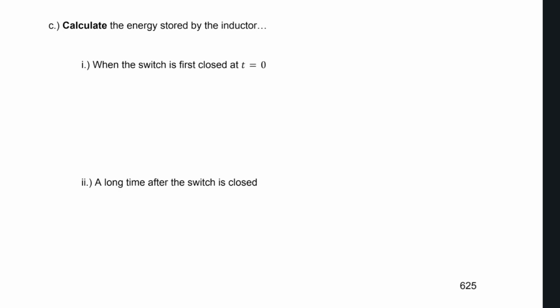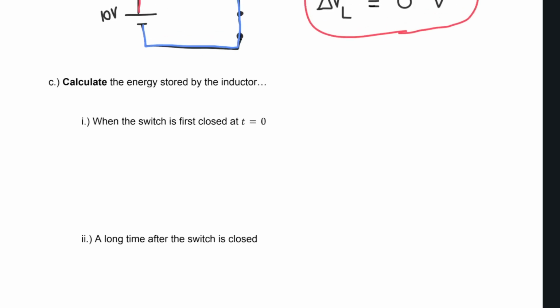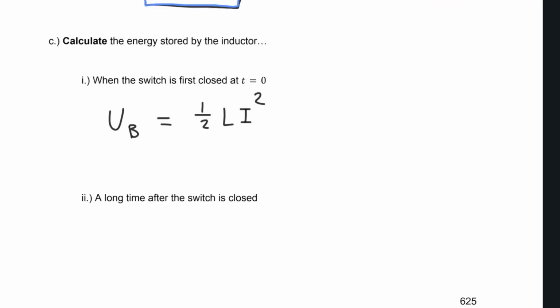And then calculate the energy stored when the switch is first closed versus a long time after the switch is closed. So our energy storage formula for an inductor is this kinetic energy lookalike term here, this 1/2 Li squared.